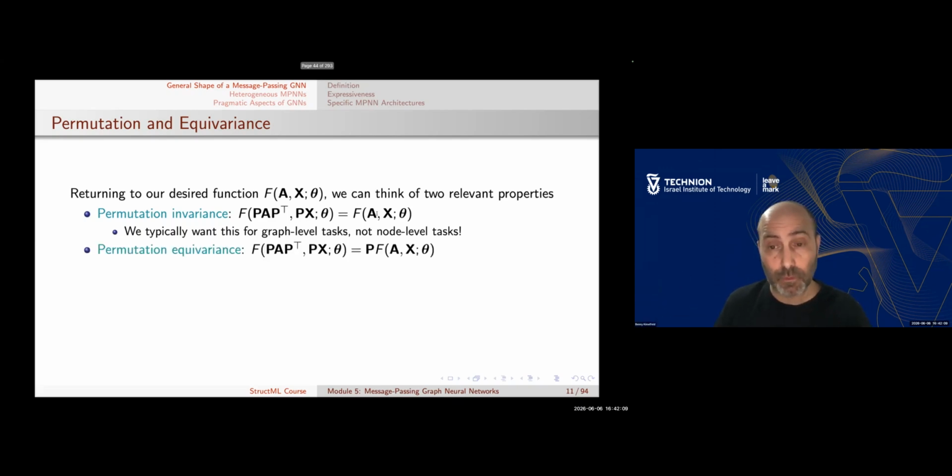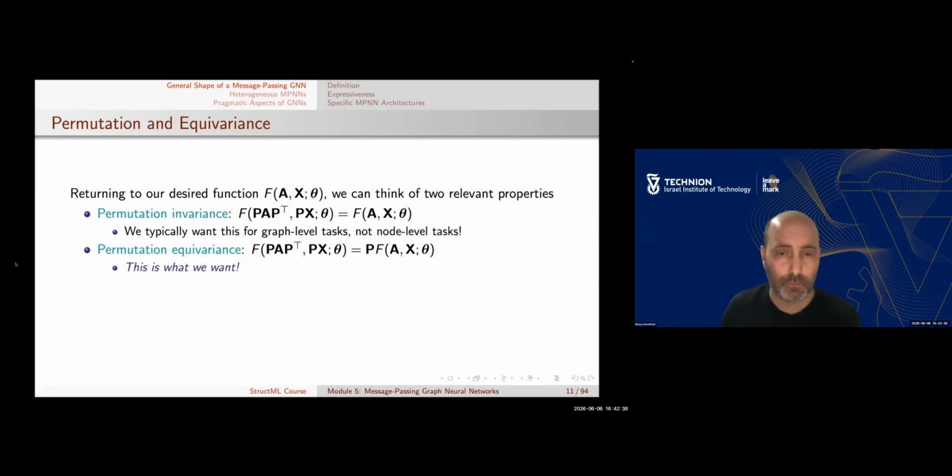That doesn't make sense. What we actually want is the value to be reordered accordingly. So F on the permuted A and the permuted X is equal to P times the result on the original graph. This is what we want. This is called permutation equivariance, not invariance, equivariance.